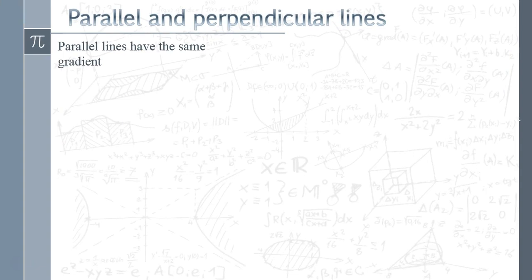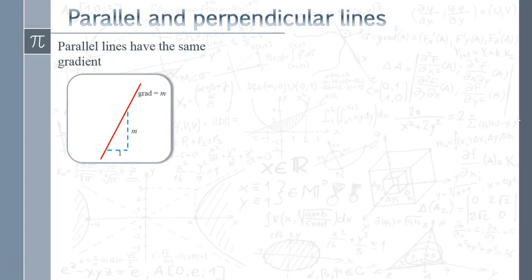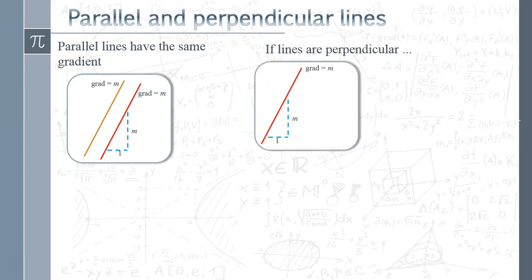Right, on we go. Let's just talk now a little bit about gradients of lines. And we've got a statement already on the screen saying that parallel lines have the same gradients. Hopefully that's something we know. So if I've got a line there that's got gradient m, a parallel line also has the same gradient m. And lines that are perpendicular, perpendicular means at right angles, so we've got two lines doing that.